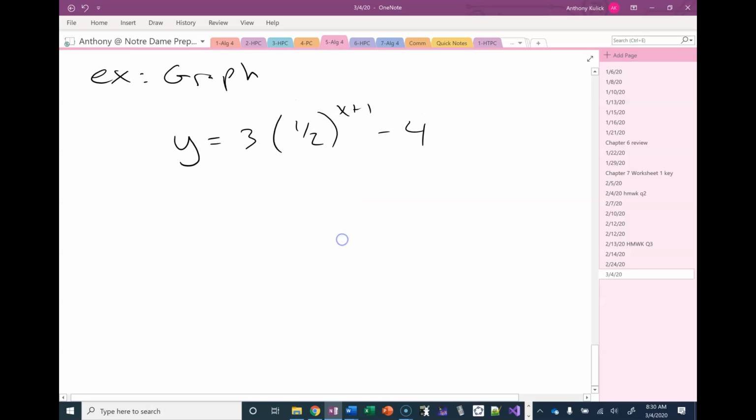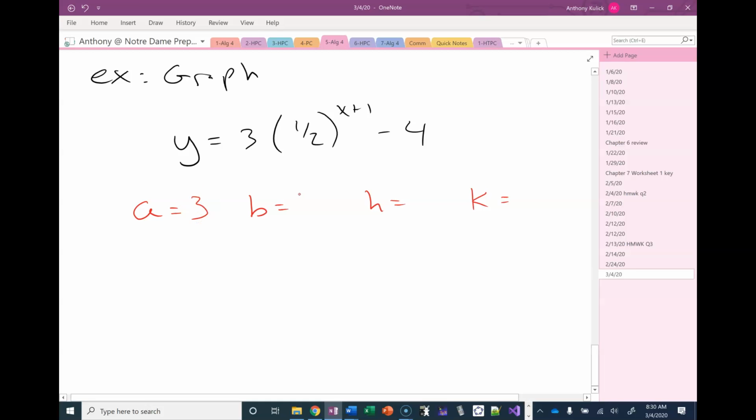Okay, so let's say we want to graph y equals 3 times (1/2)^(x+1) minus 4. Well, I like to start by first writing down my values for A, B, H, and K. So what's my value for A? 3.